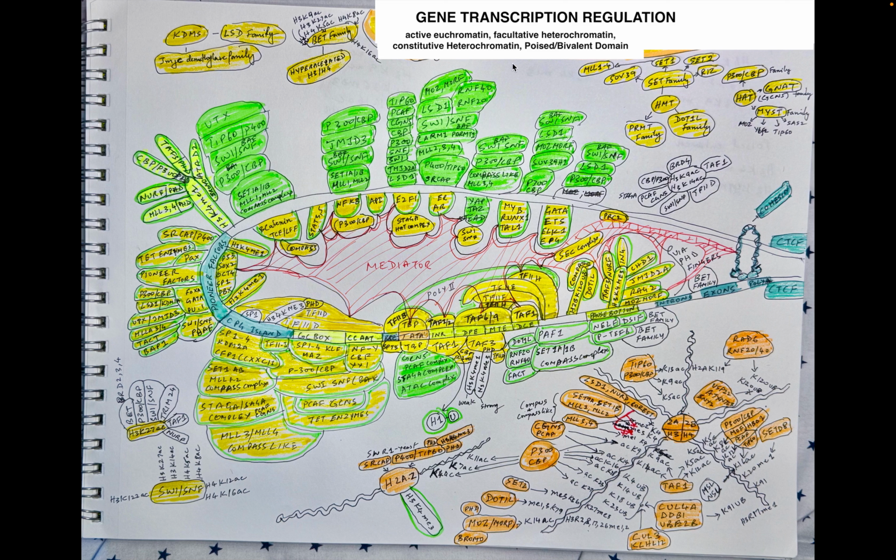Then we have poised bivalent chromatin. It has even less coating. It is still repressed, but it can be activated by a strong stimulus. What kind of stimulus?